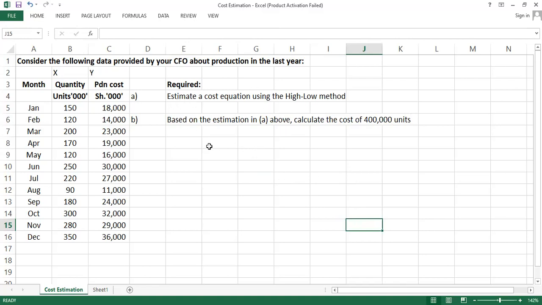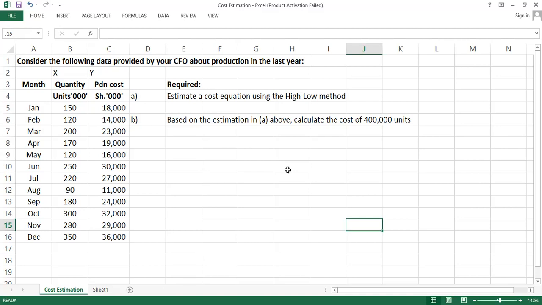Now, under the high-low approach, remember, we are concerned about the highest and the lowest value of, I have said, X and Y. And based on the highest and lowest value of X and Y, we determine what we can call change. And I said that change is the highest value minus the lowest value.